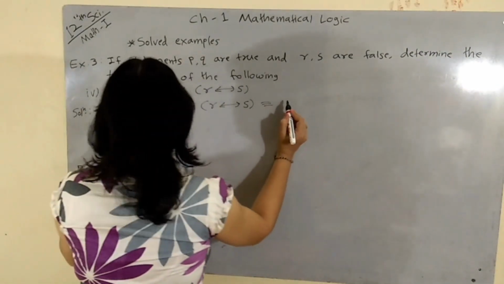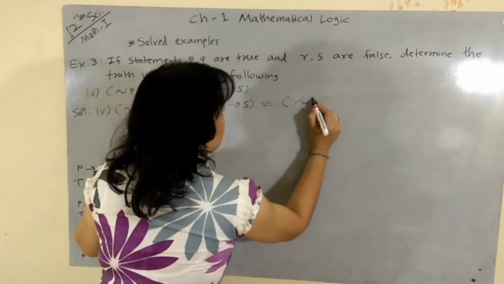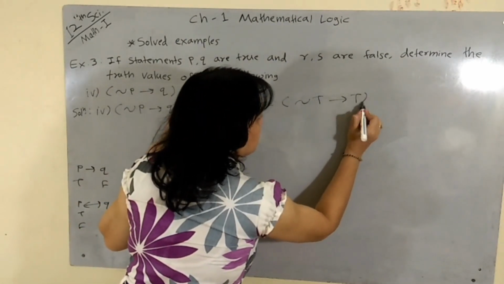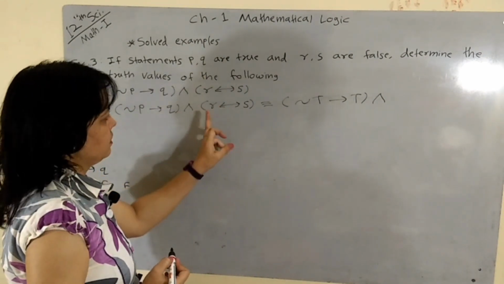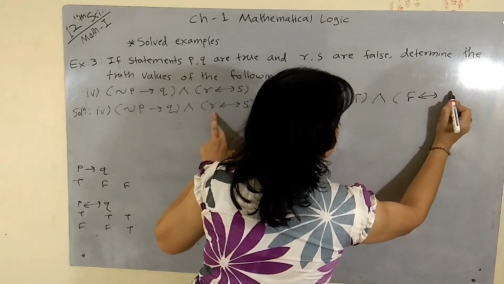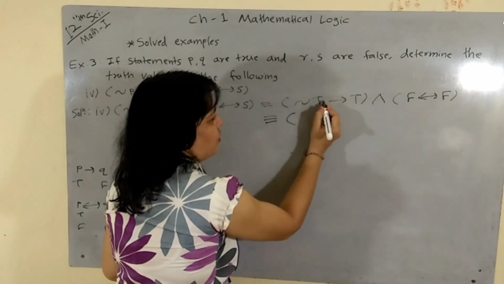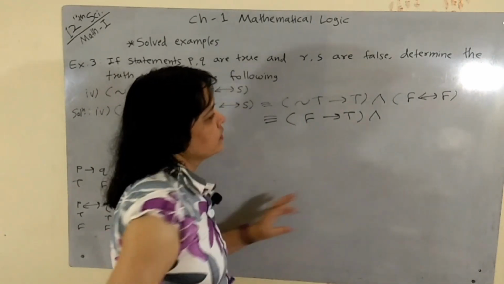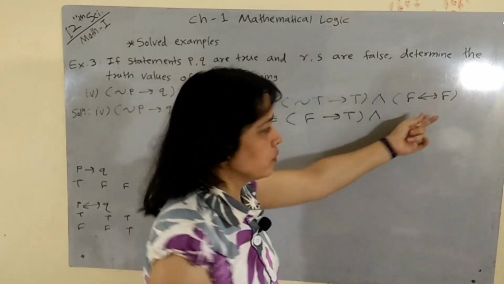Okay, next example is negation of P implies Q and R double conditional S. So, its truth value is negation of P, its truth value T, implies Q, its truth value is T, and R biconditional S, R S both are false. Therefore, false, biconditional, false. This is equal to negation of T, false, implies T, and we know that for biconditional, if both values are same, then its truth value is true.